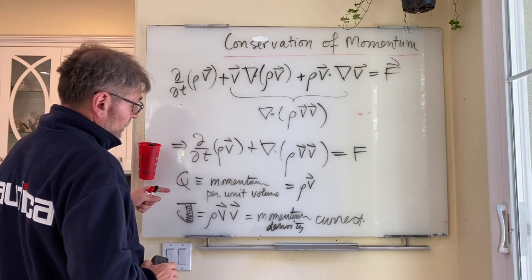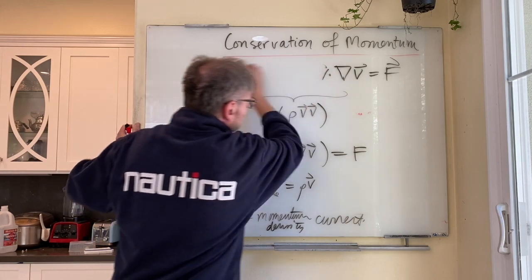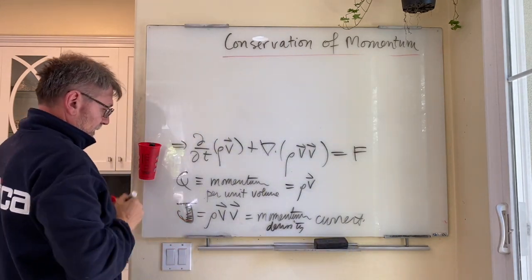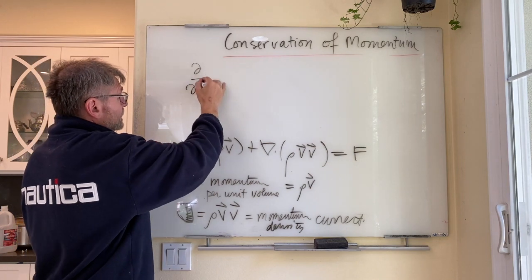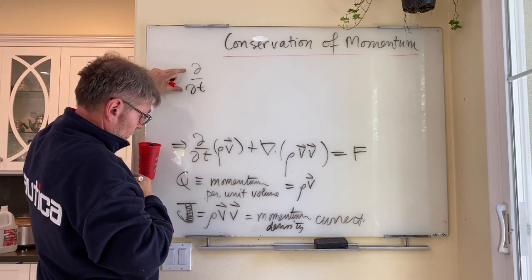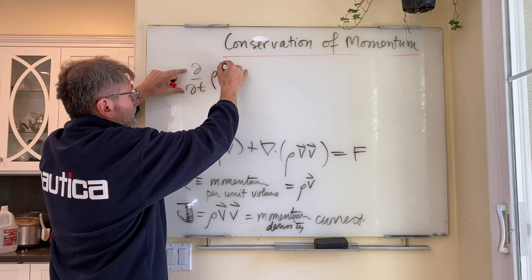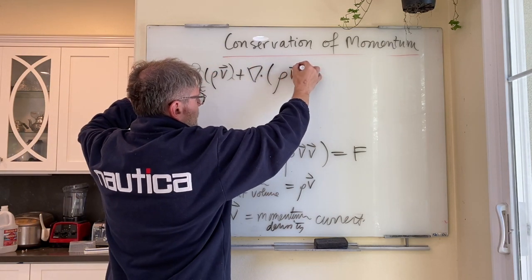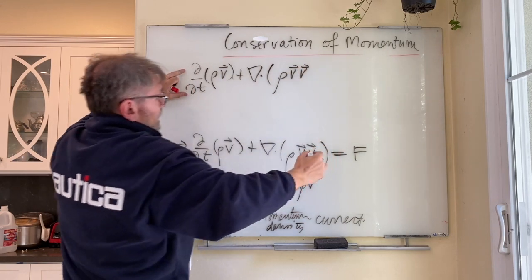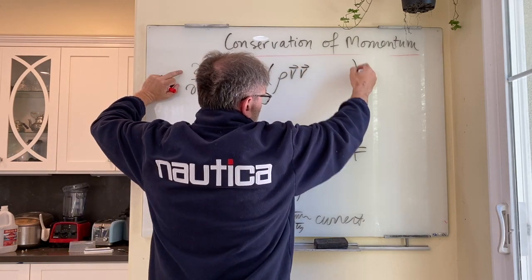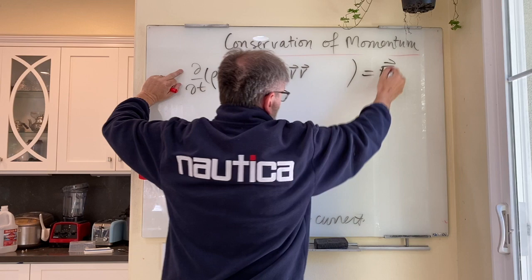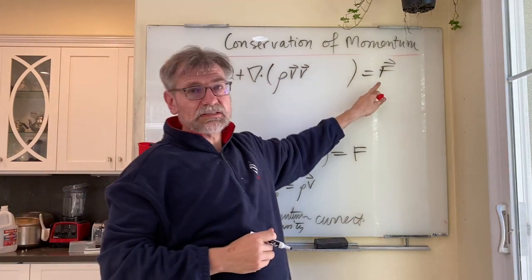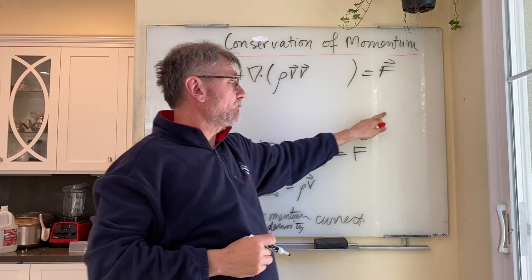And this gives us our equation. If I write it up here, I get the following. I'll write it one last time: d by dt of rho v plus divergence of rho v v equals the forces. And I've left a little bit of space over here because some of the force that we put in F can equally be put in here.